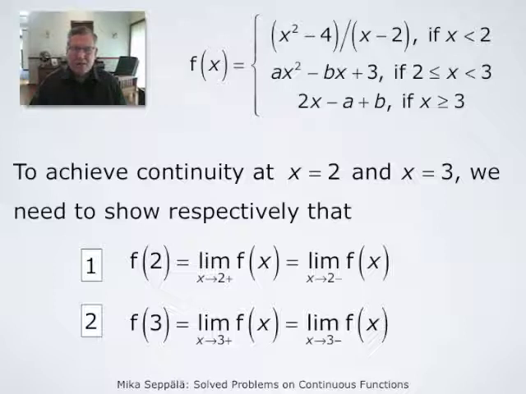And likewise, f at 3 must be the limit of f of x as x approaches 3 through numbers larger than 3, and that must be the same as the limit of f of x as x approaches 3 through numbers smaller than 3. These one-sided limits we compute by inserting the appropriate expressions for f in these limit computations.